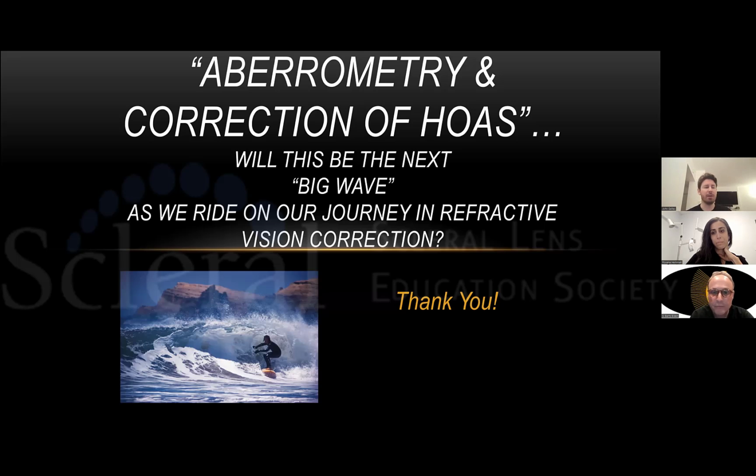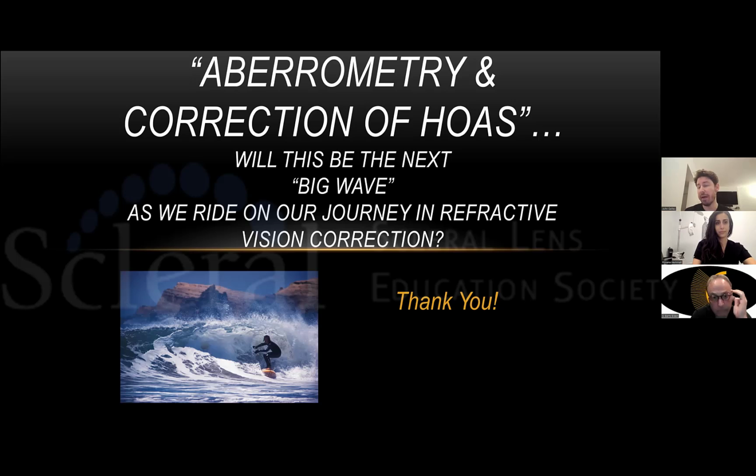If we look at some of the seminal work from Lim and Kosaki, these papers from back in, I think, 2007, maybe even a little earlier than that, what they found was that coma, specifically vertical coma, is very highly statistically significantly correlated with keratoconus. Obviously, in advanced keratoconus, but even a differentiating factor in those with early keratoconus. So pay attention to coma, pay attention to trefoil. Those were the two highest ones.